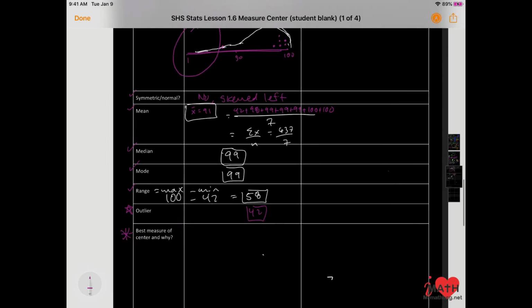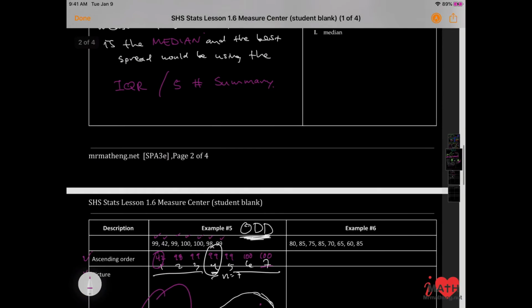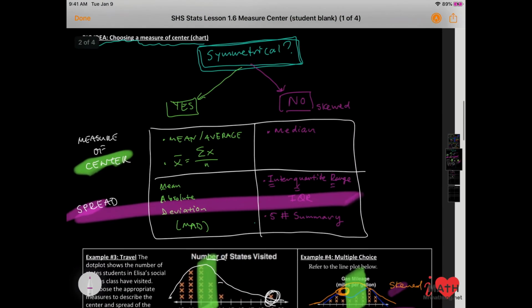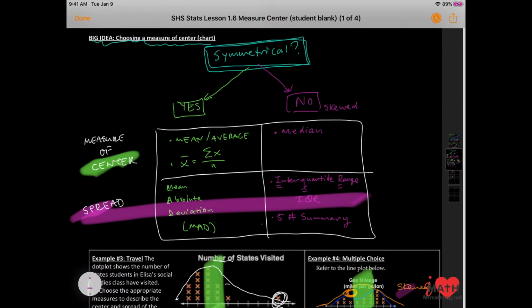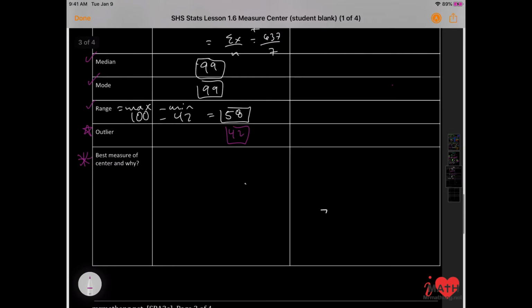Okay, so let's hammer it home. Let's use that chart. Is it symmetrical? The one we just drew. No, it's not symmetrical. So what should we use? The best measure of center is the median, because it is not symmetrical.